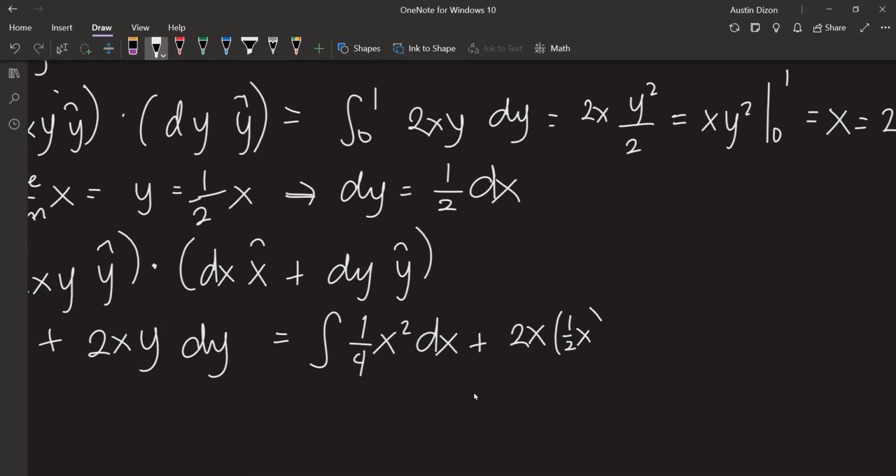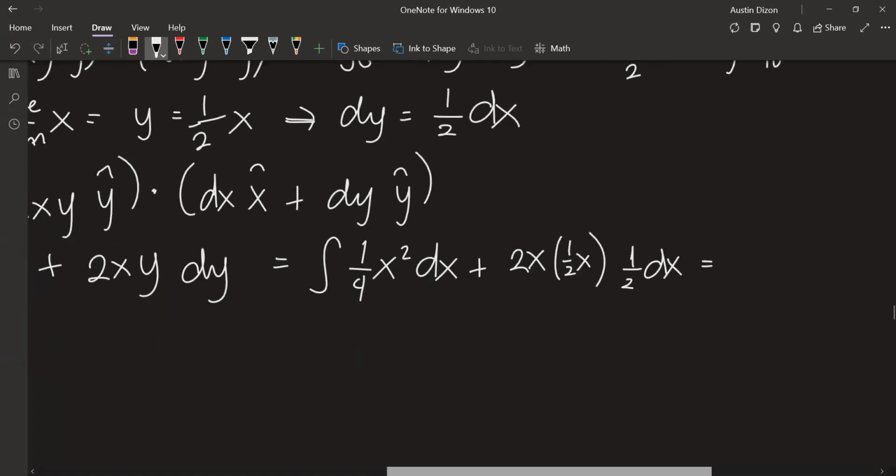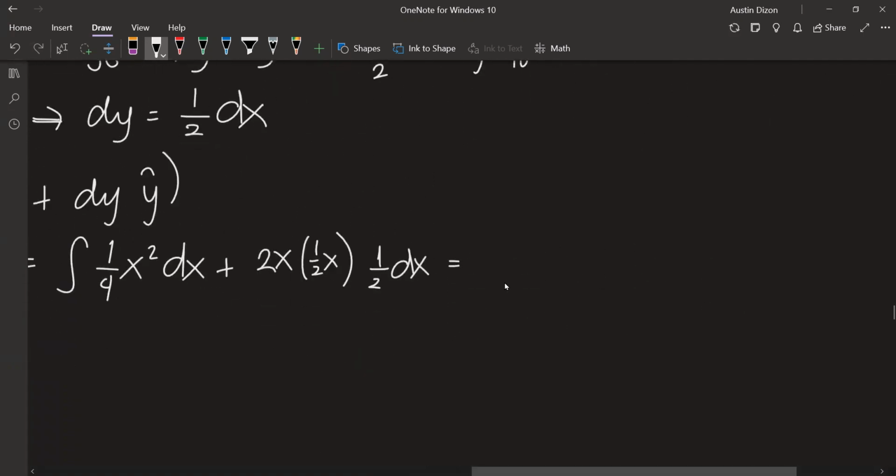And yung dy mo will be 1/2 dx. Tama? Ito yung 2x. Ito yung y mo, kasi di ba nalagay dito. And then yung dy natin, pinalitan lang natin ng 1/2 dx. Ngayon, madali na siyang isimplify. Mas madali nang i-add ngayon.